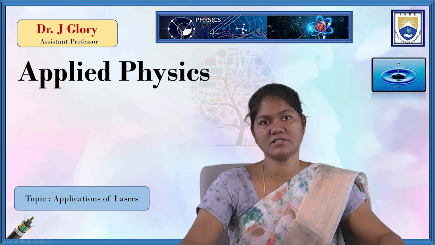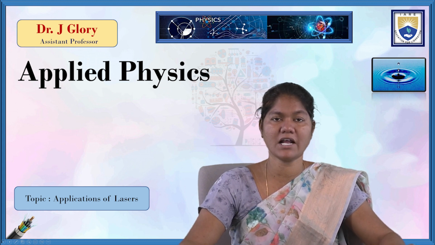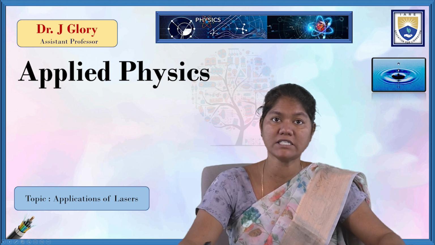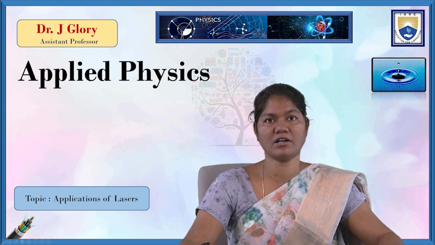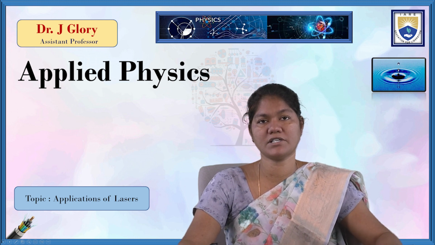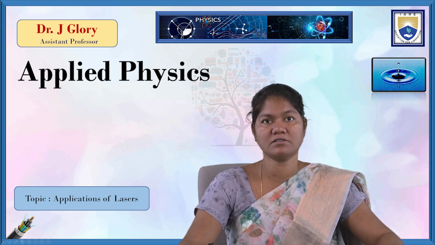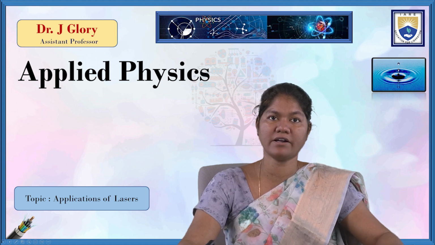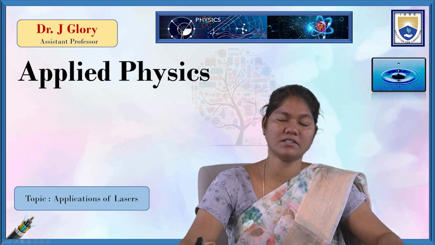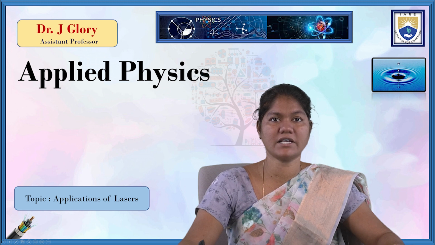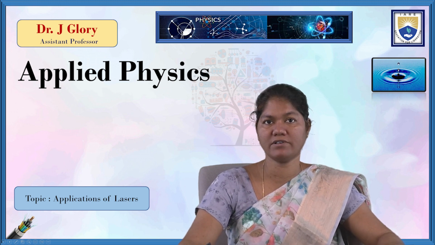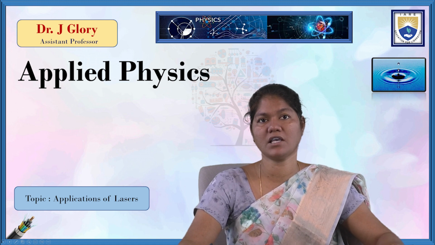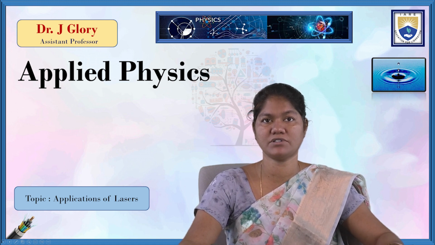At last, when the neon atoms hit the walls of the helium neon discharge tube, they lose their energy, de-excite and transit to the lower energy levels. This happens in the helium neon laser.